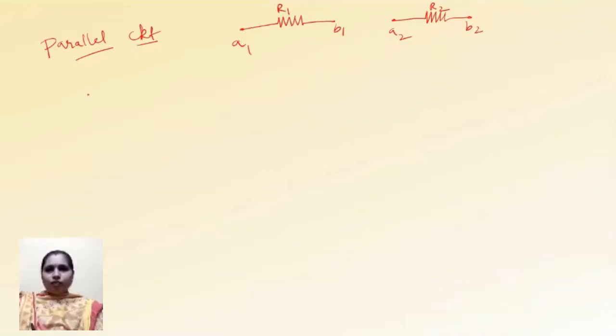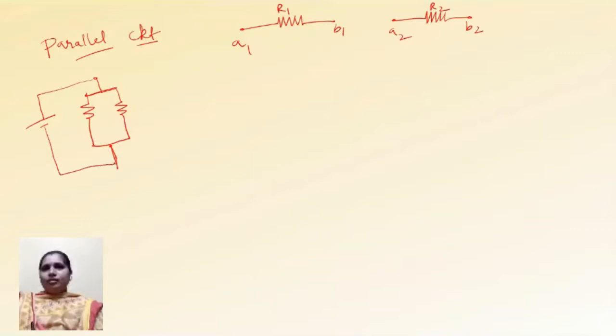If the resistors are between the same common points, then it is known as a parallel circuit. So this is your R1, this is your R2, this is your V.